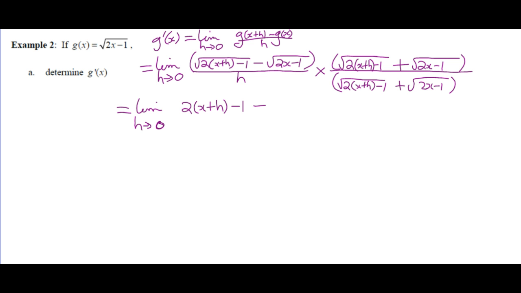And then minus, let's just throw brackets around that, 2x minus 1, all over h. And on the bottom, yes, you're right, we still need to have the h.